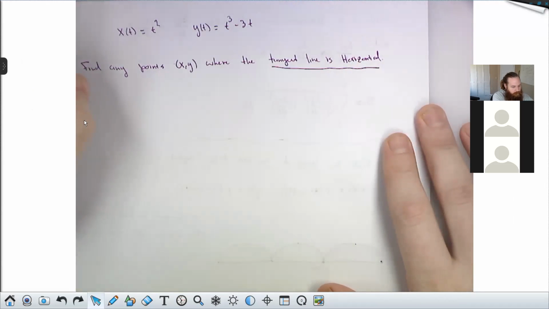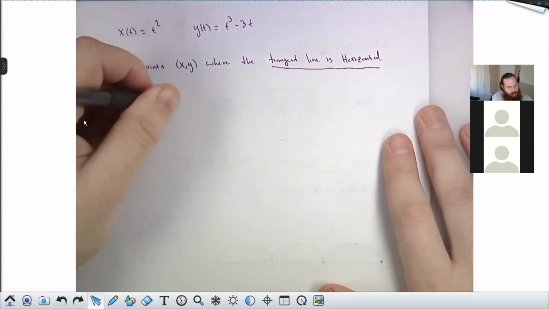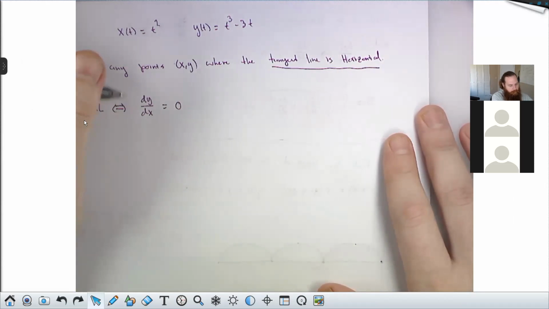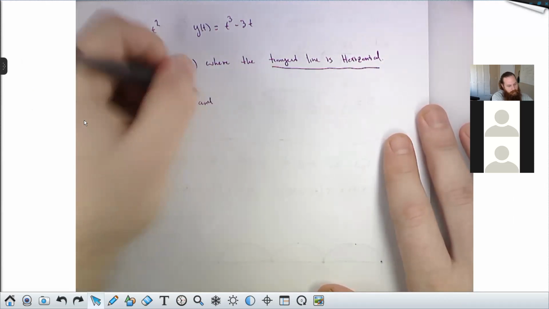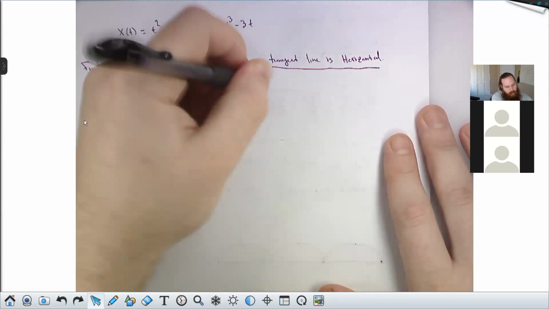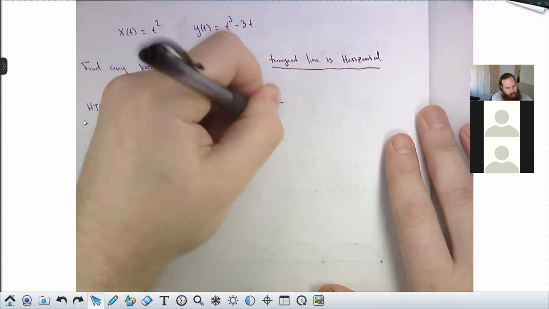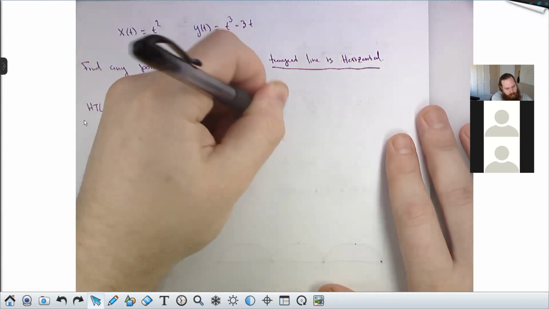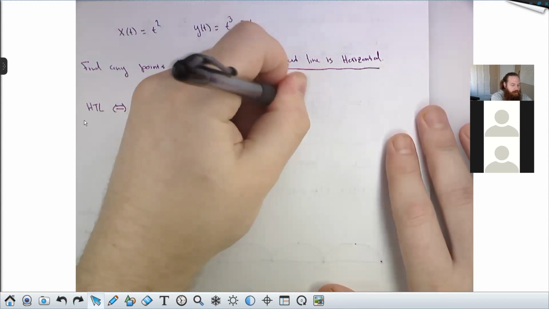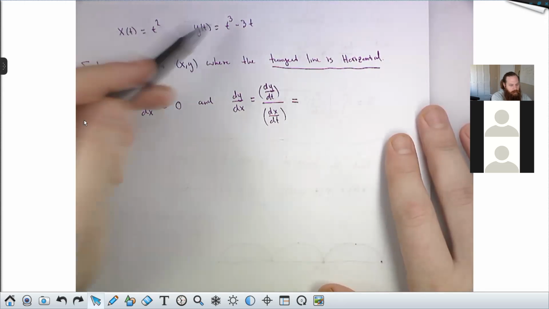So a horizontal tangent line, HTL, is the same thing as saying dy dx, the derivative, is equal to 0. And I can calculate dy dx as dy dt over dx dt. dy dt is what you get when you take your y equation and differentiate with respect to time.